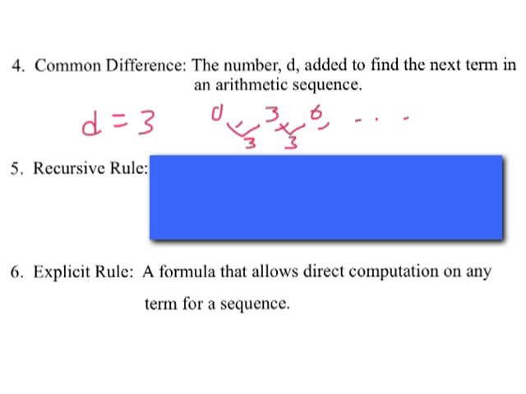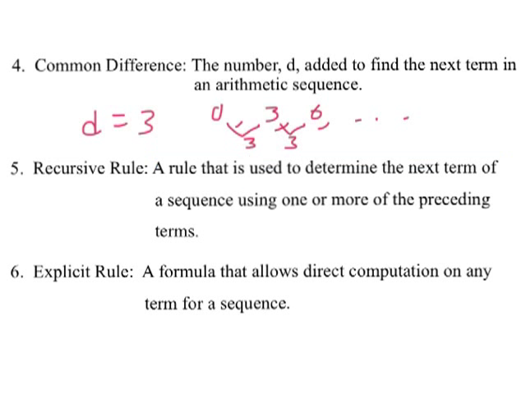Okay, now let's review just a little bit more. Recursive rule. Remember what your recursive rule or your recursive formula was. It was like the directions. It is a rule that is used to determine the next term of a sequence using one or more of the preceding terms. Which means, remember for a recursive formula, I gave you a sub 1.